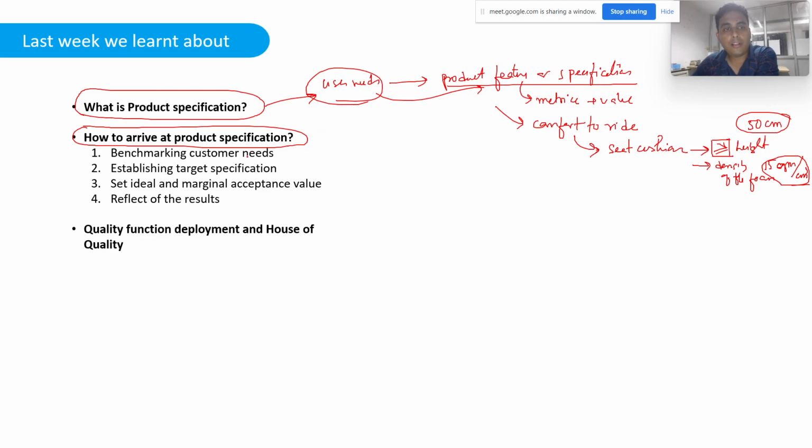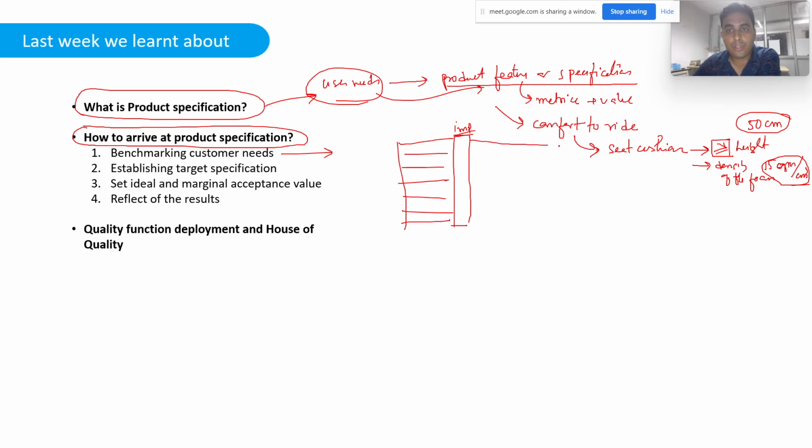What we learned here is that the first thing is benchmarking customer requirements. So we have a set of needs. First, we rank these needs based on their importance, that has been derived from the contextual inquiry that we did during the customer need identification phase.